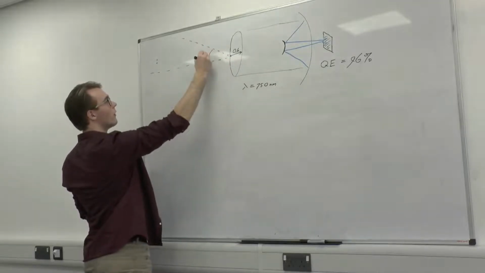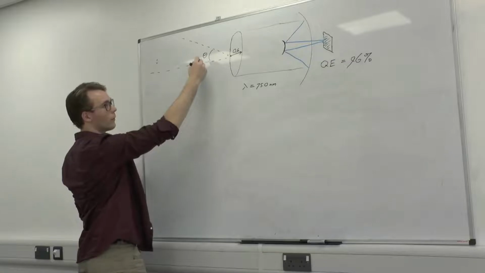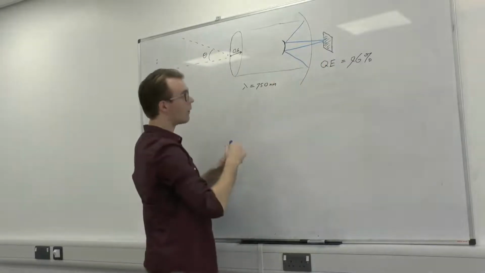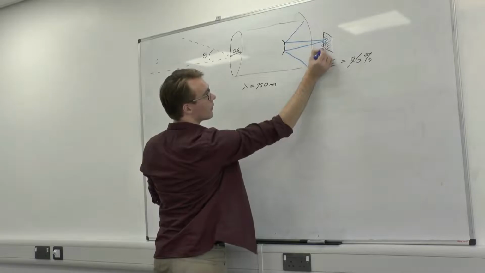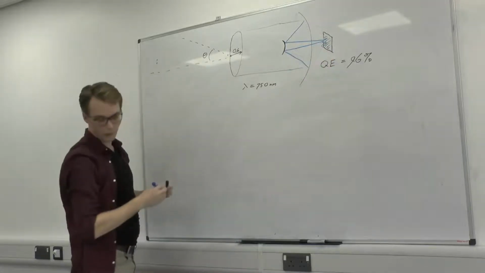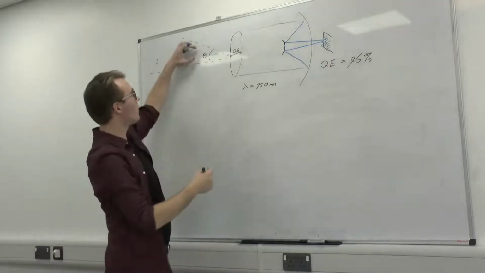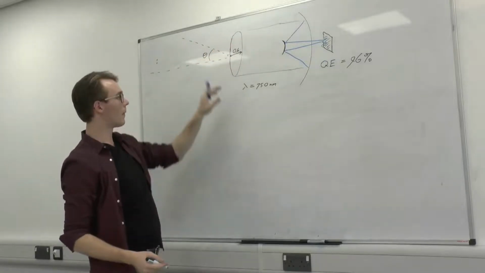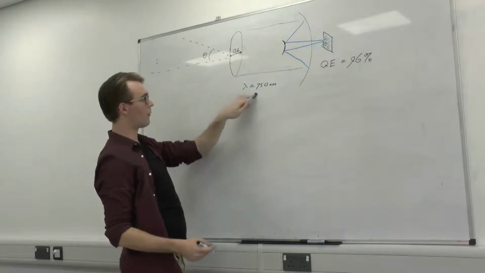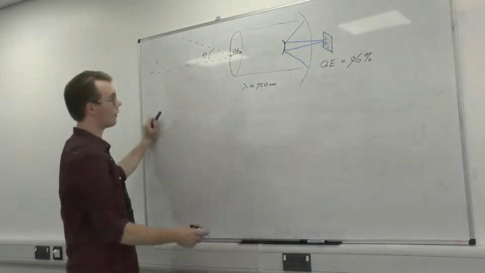What is the angle at which this telescope can resolve them and see two distinct blobs on your detector? What you need to know is that this angle is determined by the size of the mirror or the size of the lens that you're using, and it's inversely proportional to the size of the wavelength.